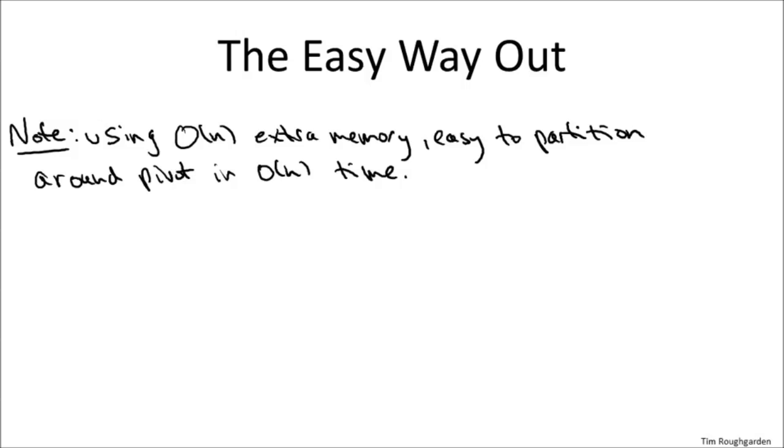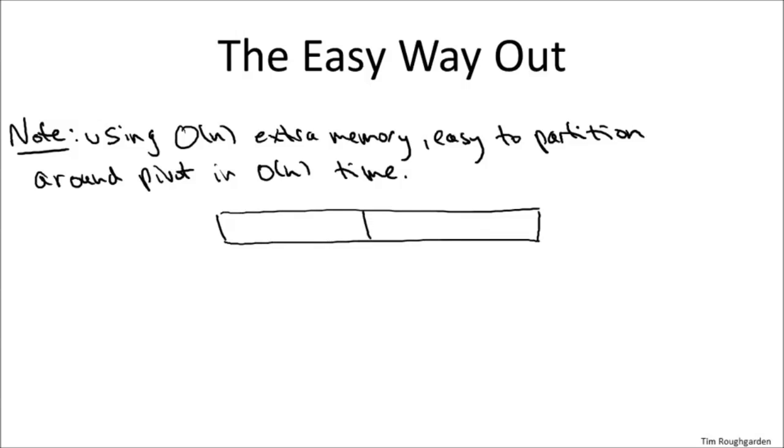So let's go back to our running example of an input array. Well, if we're allowed to use linear extra space, we can just pre-allocate another array of length n. And then we can just do a single scan through the input array, bucketing elements according to whether they're bigger than or less than the pivot.